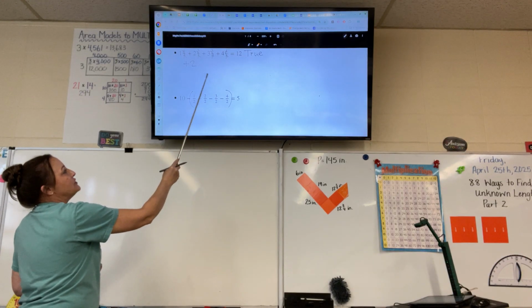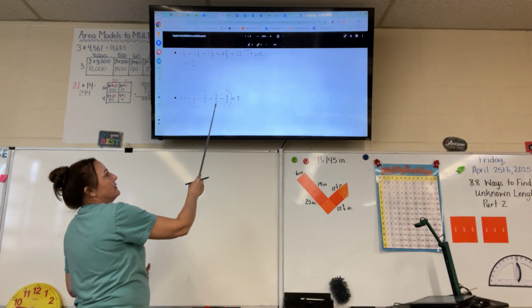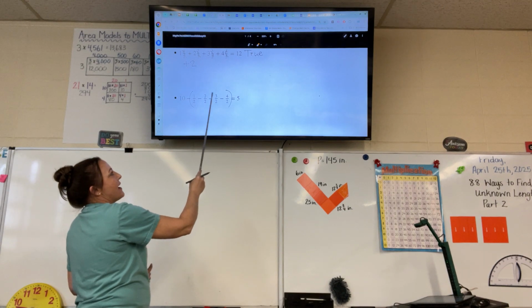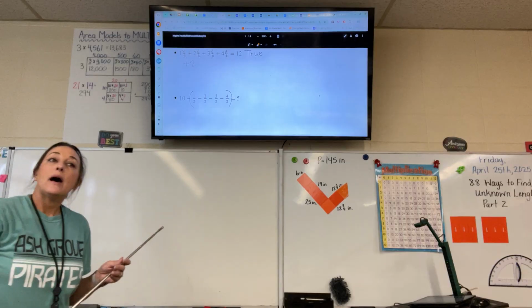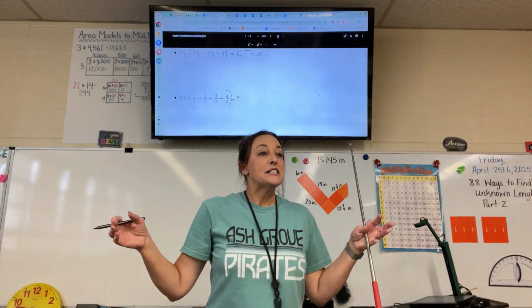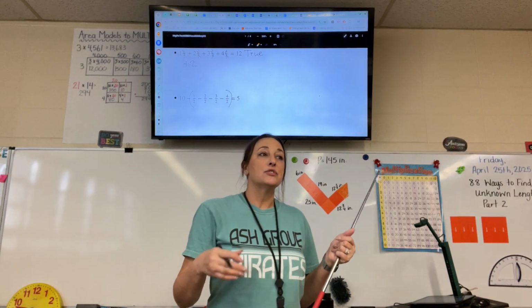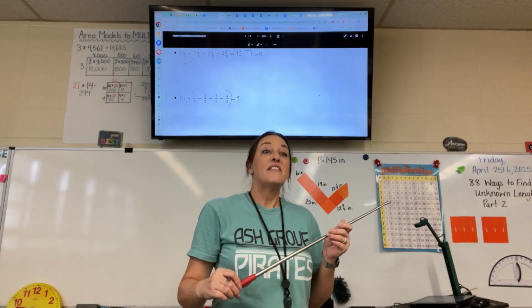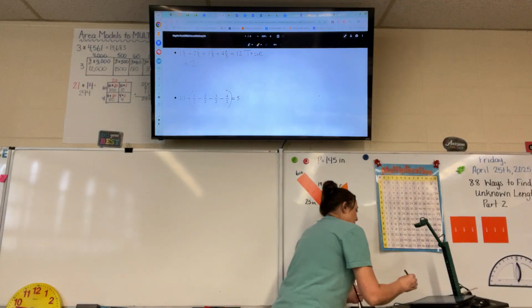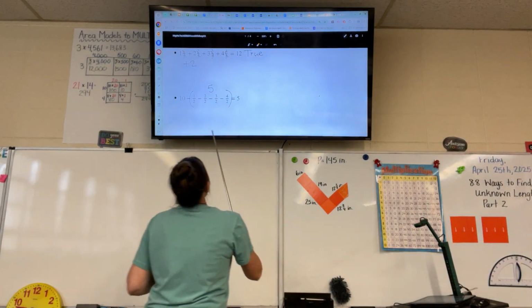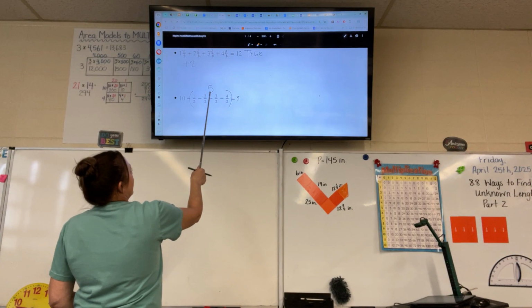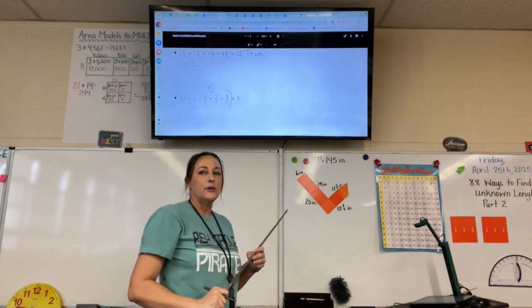And 3 halves plus 3 halves, 6 halves. And 6 halves plus 4 halves, 10 halves. If you have 10 half-size pieces and you combine them into wholes, how many wholes would that be? 5. So I'm going to write 5 right here. So 10 minus 5 equals 5. Is that true? Yes.